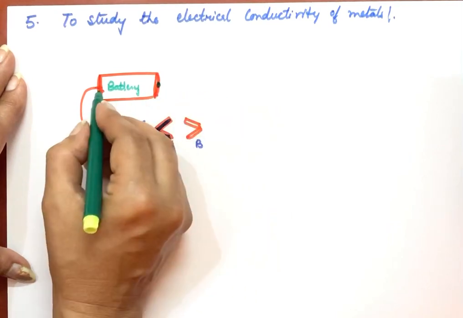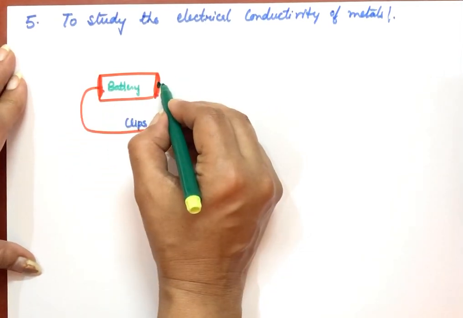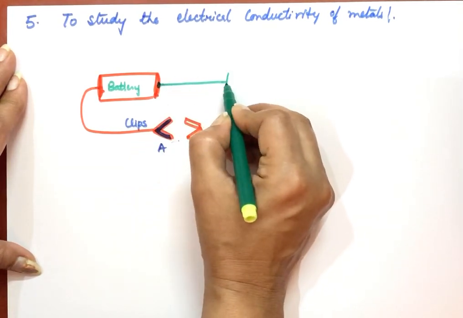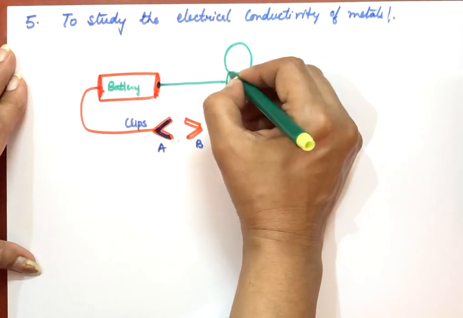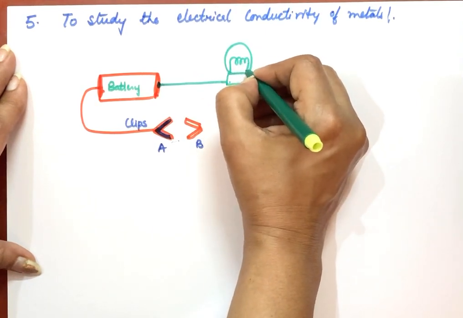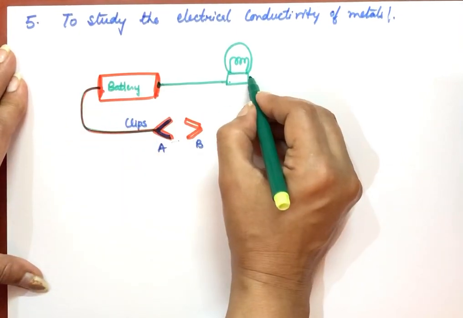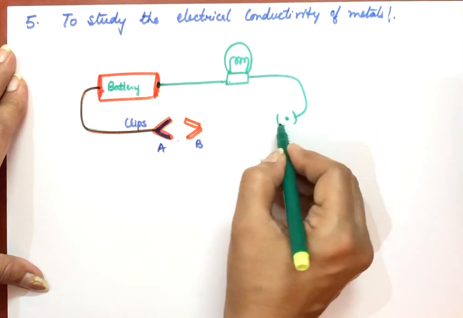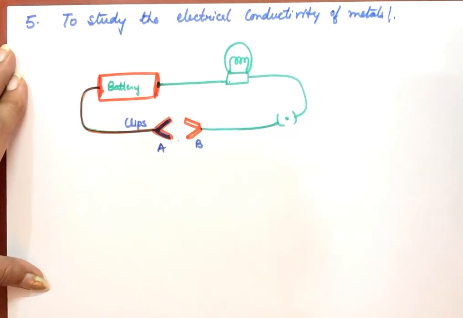The two ends: one end is connected with the clip, and this other end, this wire, we are connecting with the bulb. This is also a wire, and this side is connected to a switch here, and this is connected to this clip.